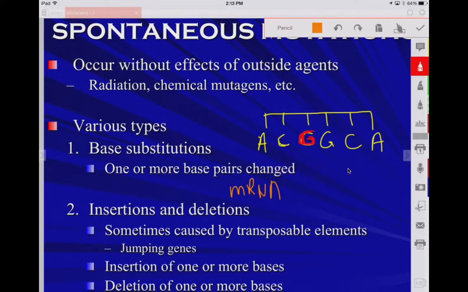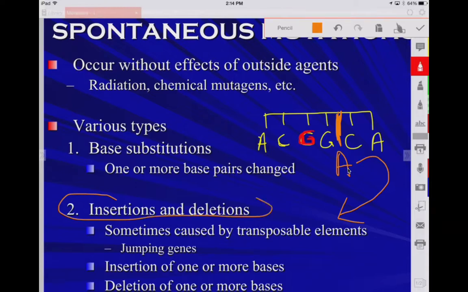Get rid of some of this. There we go. You could alternatively put in another one. So if you inserted an extra A here, for example, now you've created some interesting problems with the reading frame. And that's what we're talking about down here: inserting or deleting portions of the genetic code.